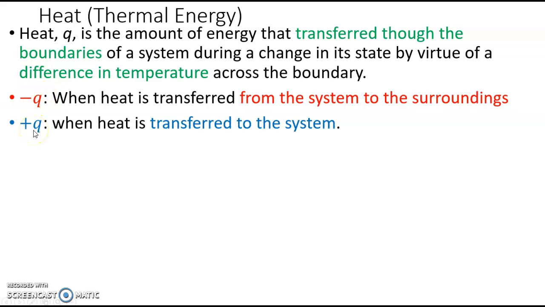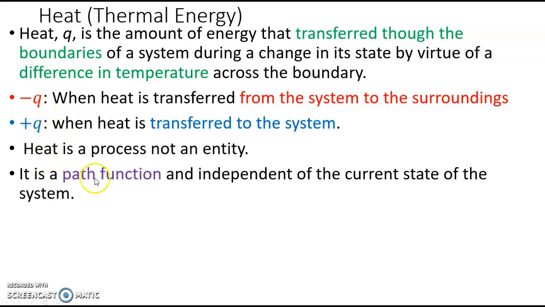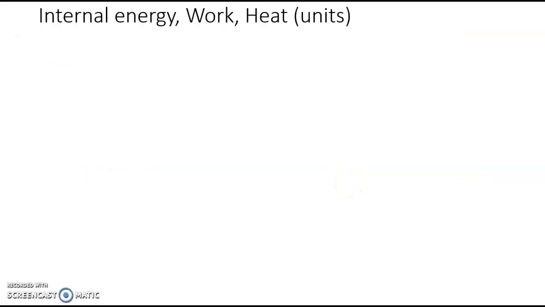When the system gains heat, that's when heat is transferred to the system, Q is positive. Heat is a path function. It's a process where heat energy is transferred. So it's not an entity, it's a path function, meaning that it is independent of the current state of the system.